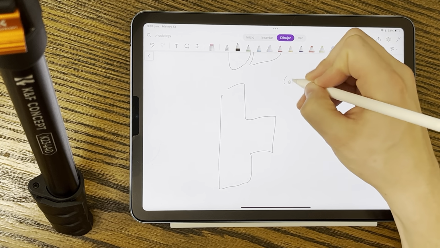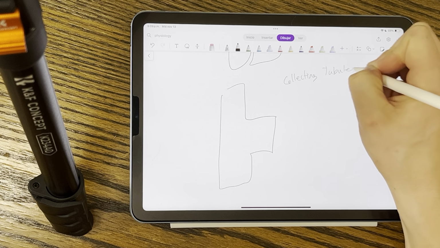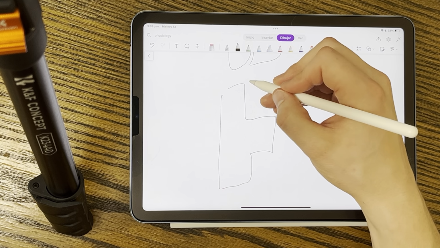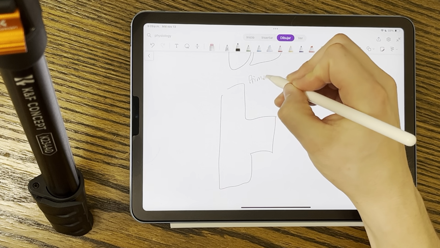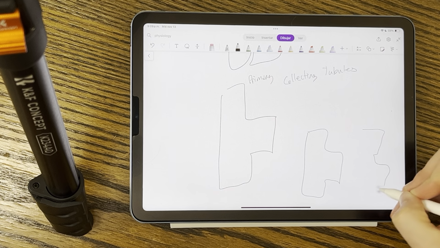And so then as we move down to the collecting tubules, there's multiple types of cells. We have our principal cells, and then we have others.